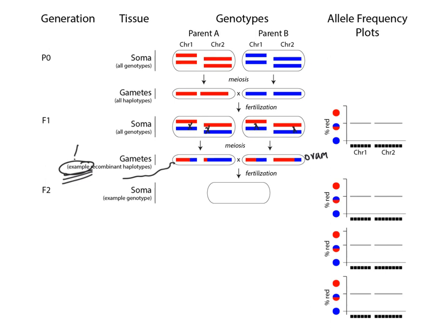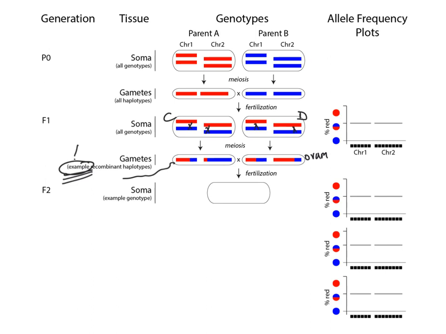So now we're talking about the F1 individual. So let's instead refer to them as, say, individual C and individual D. So individual C produced many, many sperm, certainly in their lifetime, but here's just one example of a possible haplotype, genotype of the sperm. And again, individual D, a female, produces many ova in her lifetime, but this is one example.